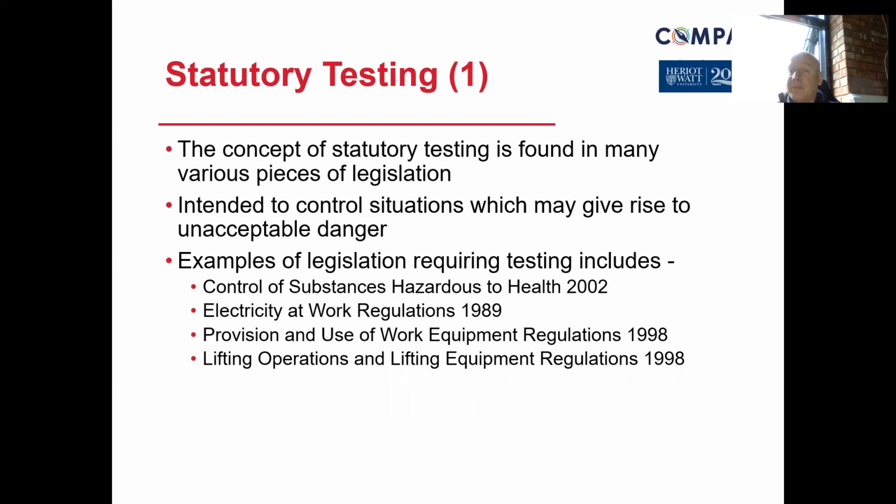I've covered LOLA, but here the need for a thorough examination is to be done annually or 6 monthly, dependent on the use of the equipment, and lifting of people 6 monthly. So service lifts for getting people up and down a building every 6 months, whereas a fixed crane or a forklift truck might be every 12 months.